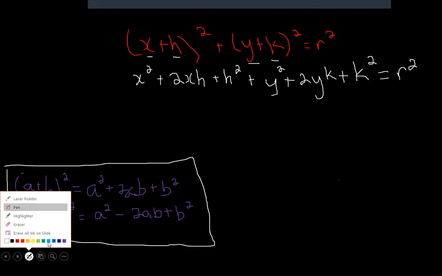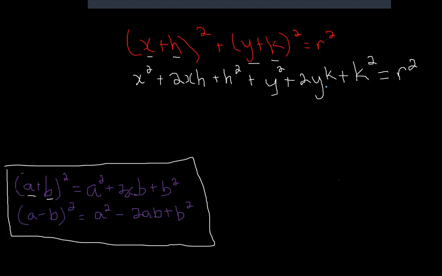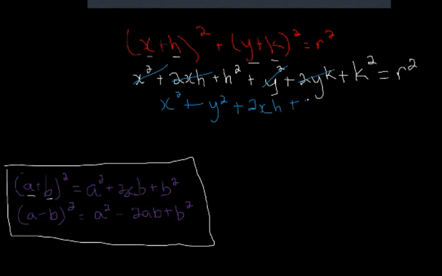But now I could rearrange the terms in this equation. So I could put x squared, let me just cross off as I go. So x squared plus y squared plus 2xh plus 2yk.